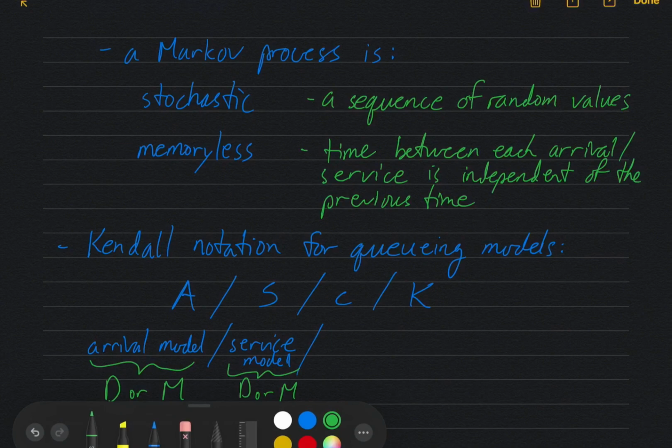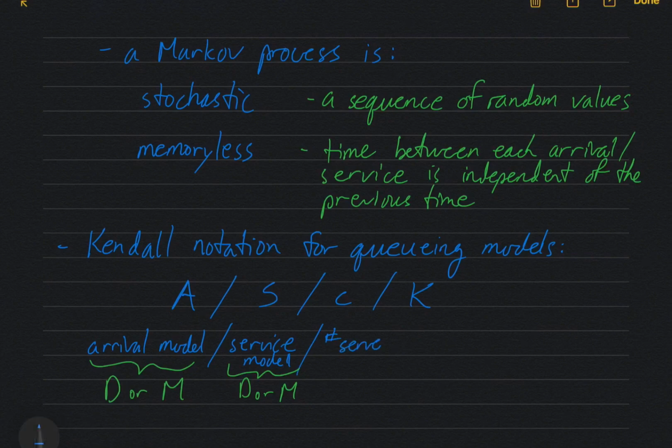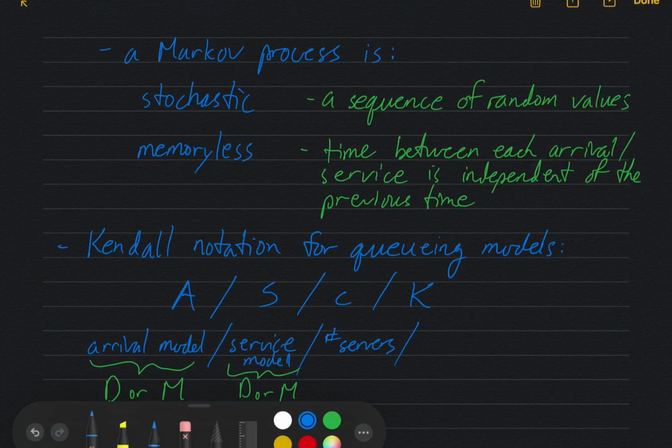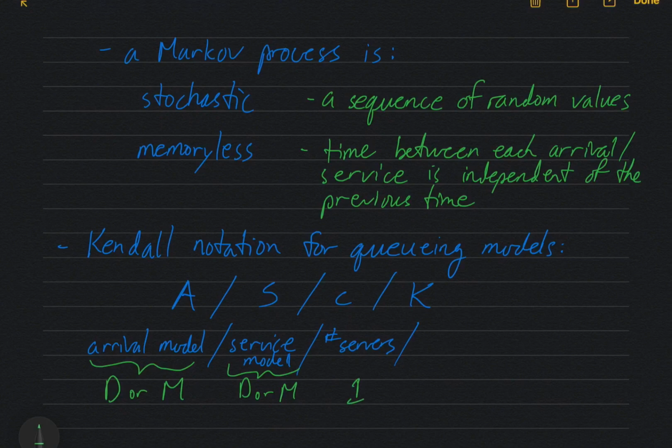And C is the number of servers. And we are only going to be looking at 1 for this course, but it can be other numbers.